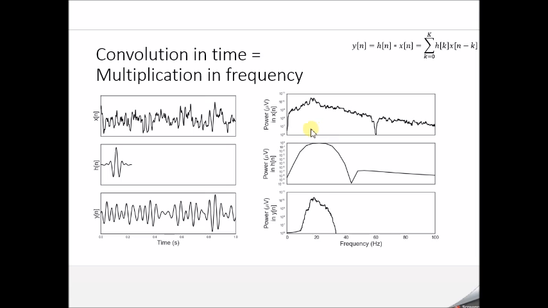However, after convolving in the time domain and multiplying in the frequency domain with this filter that only has power in a narrow frequency range, our output signal will only have power in the narrow frequency range, while these components in the input signal were multiplied by very low values in the high frequency and low frequency, and so the power of those low frequencies and the high frequencies went to 0.